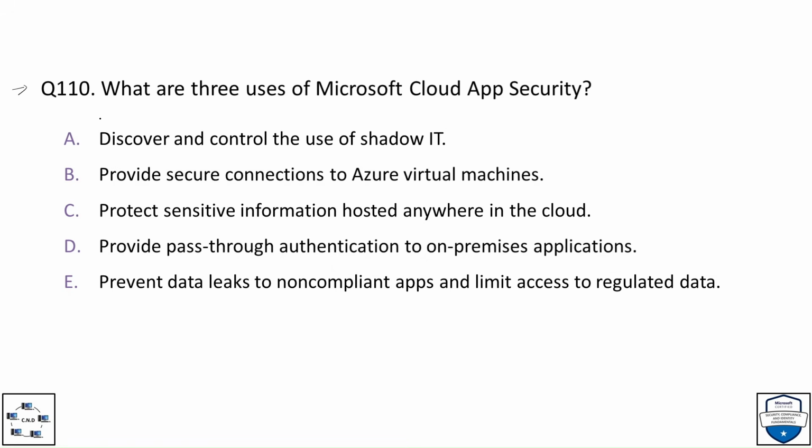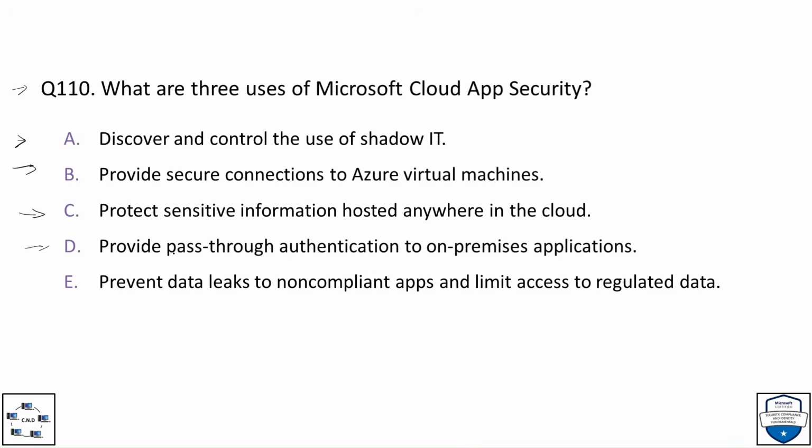Question number 110, what are the three uses of Microsoft Cloud App Security? And the options are option A, discover and control the use of shadow IT. Option B, provide secure connections to Azure virtual machines. Option C, protect sensitive information hosted anywhere in the cloud.